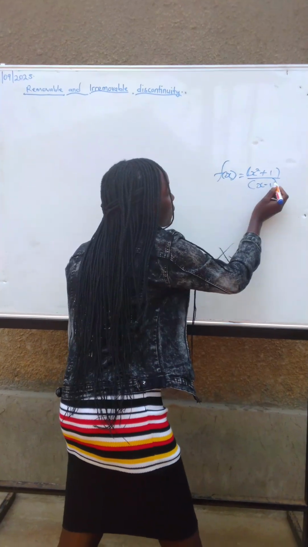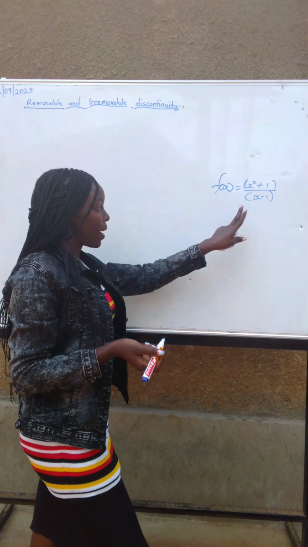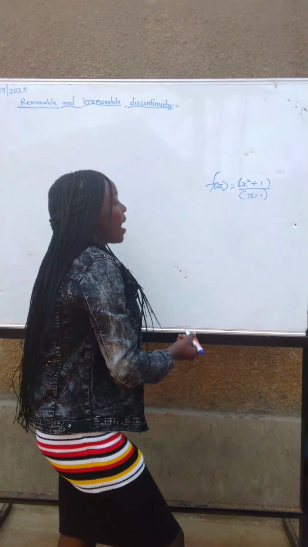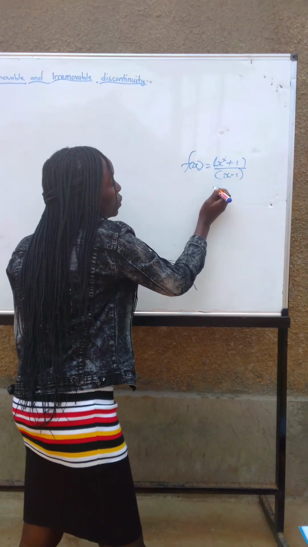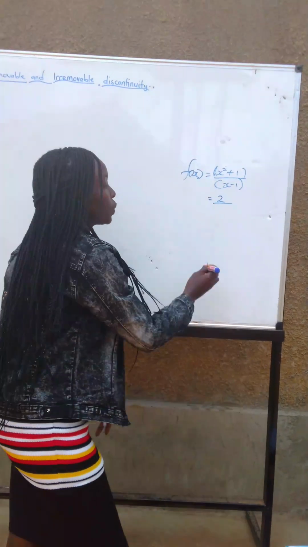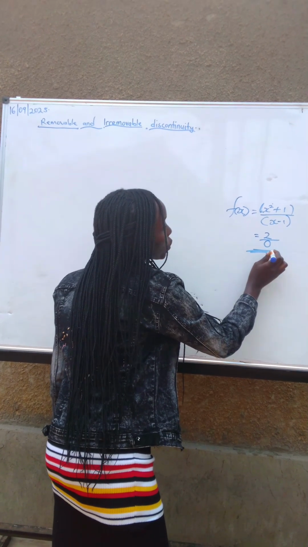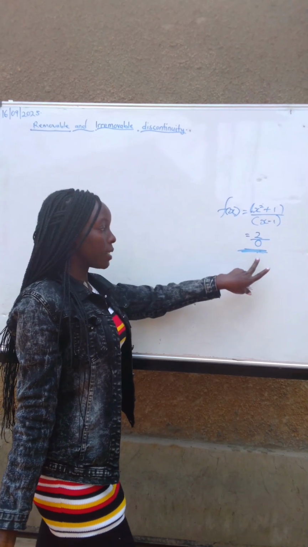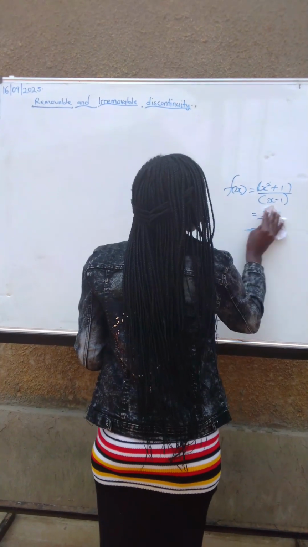Let's assume that our x is equal to 1. If you put in 1, you have 1 squared plus 1, which is 2, over 1 minus 1, which is 0. This is what we mean when the function is undefined.